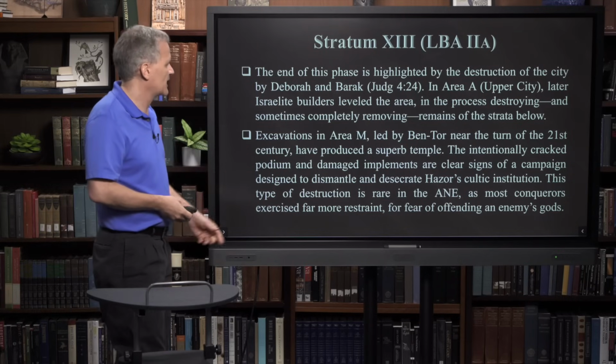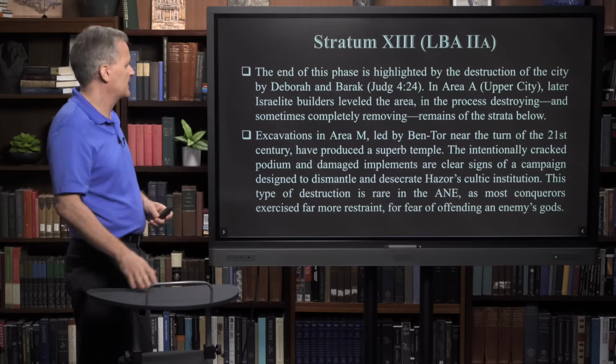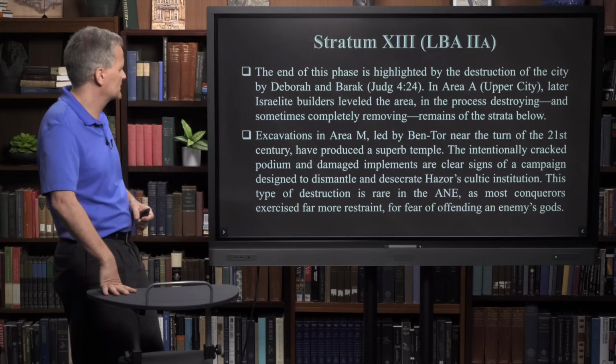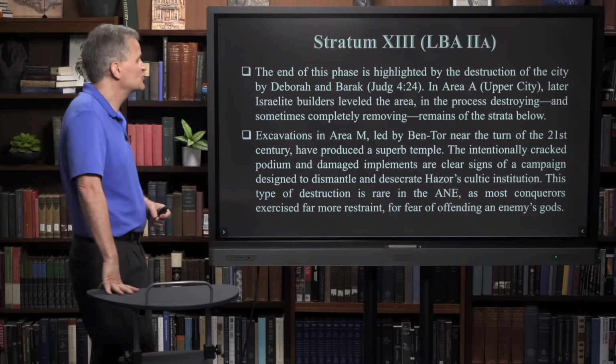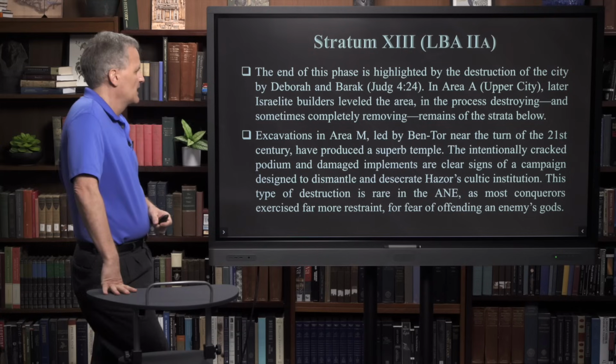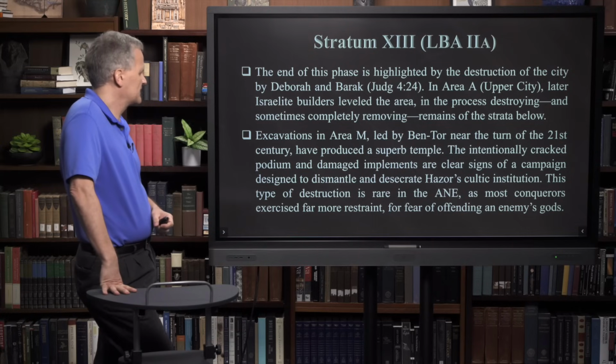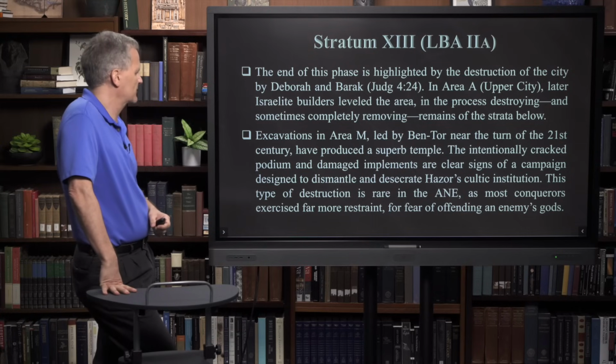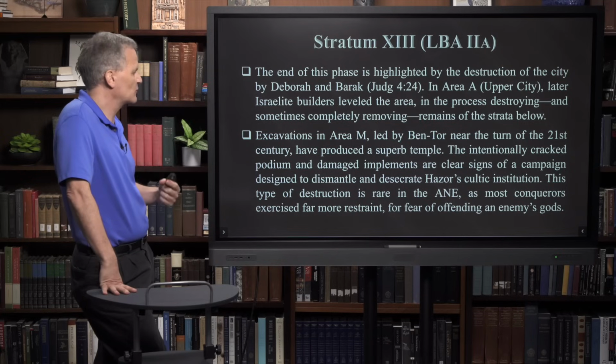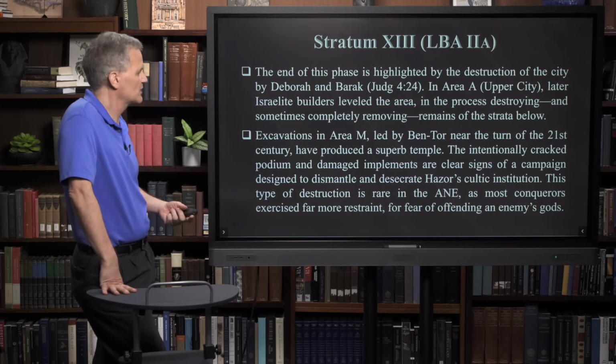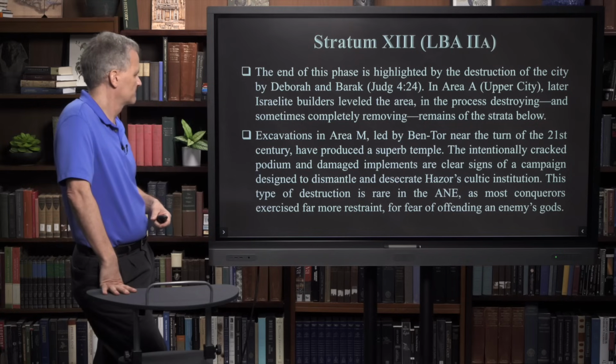Excavations in Area M, led by Ben Tor near the turn of the 21st century, have produced a superb temple. The intentionally cracked podium and damaged implements are clear signs of a campaign designed to dismantle and desecrate Hazor's cultic institution.